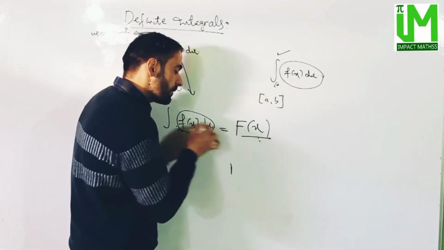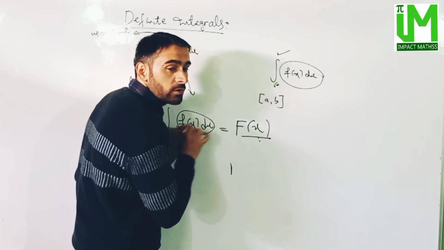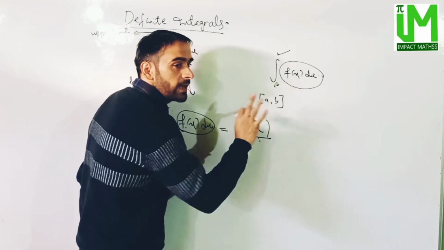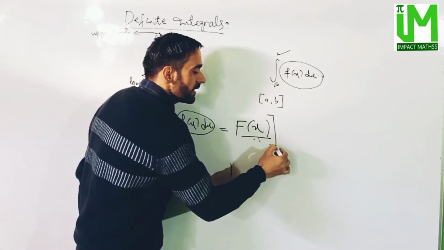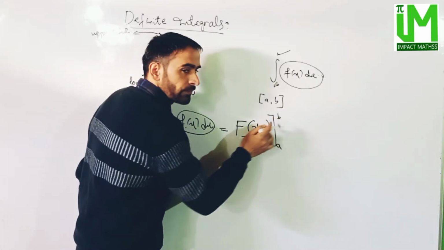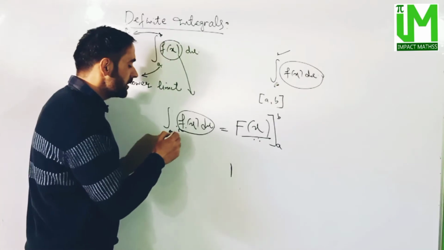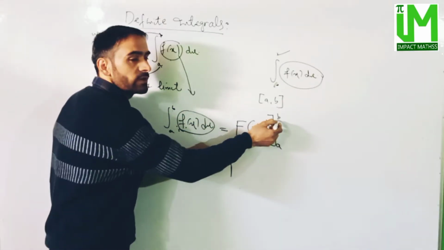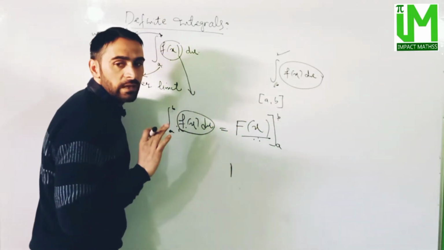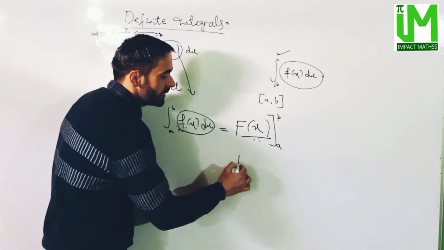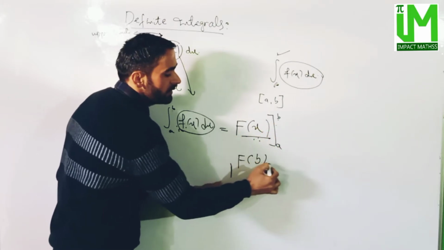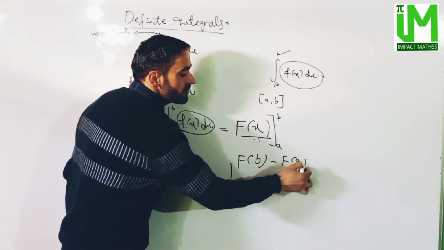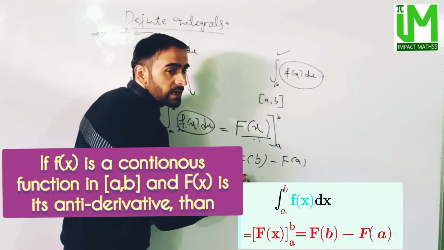So we take this antiderivative F of x and evaluate it between the lower value and the upper value, written as a to b. That means we replace x by the upper value, and minus the same with the lower value. So this will be F of b minus F of a: F of the upper limit minus F of the lower limit.